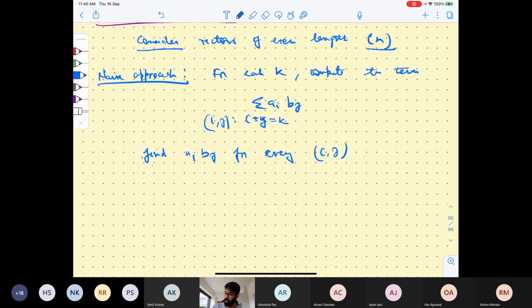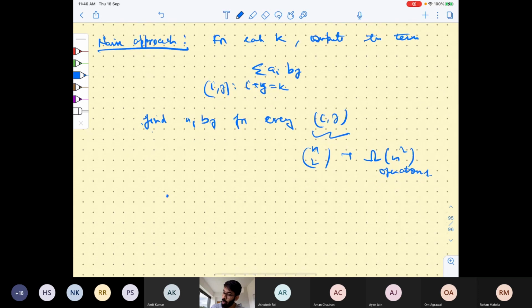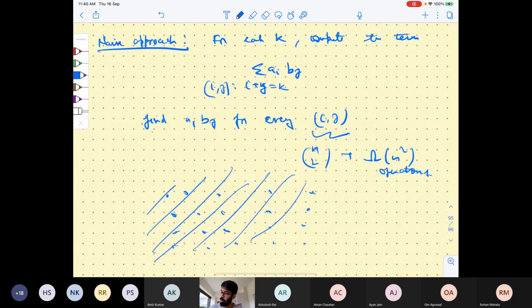and how many pairs are there? n square, so it is omega n square operations or theta n square operations, right? And what do you do then? You compute this matrix that we talked about, and then you just sum them up to get these things, right?